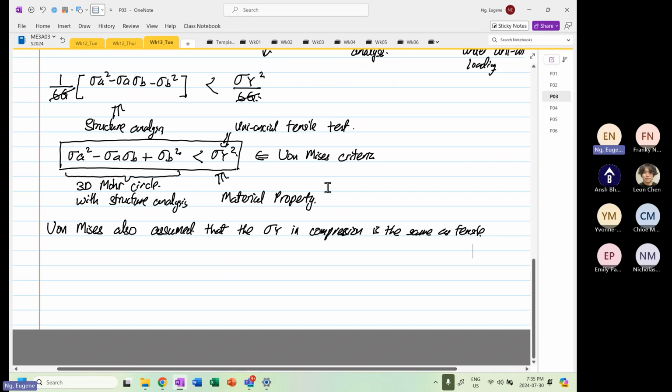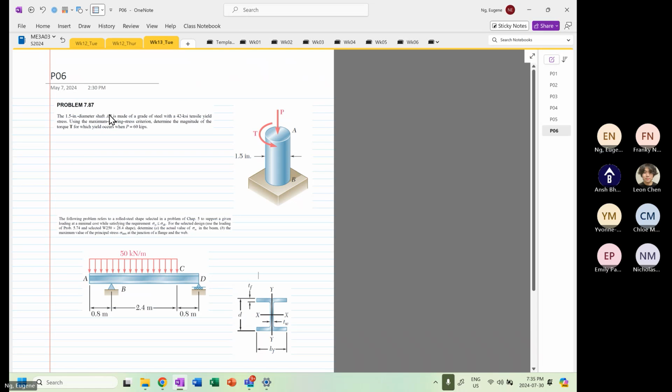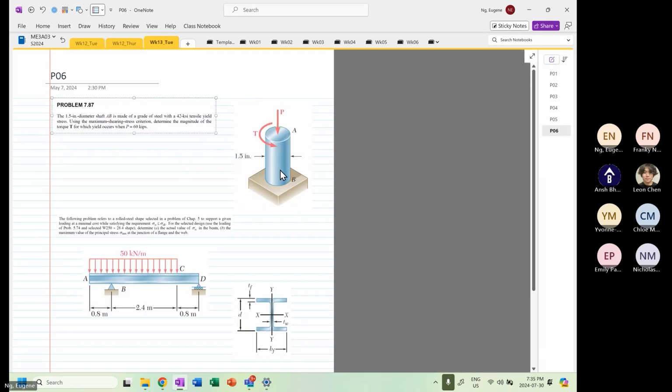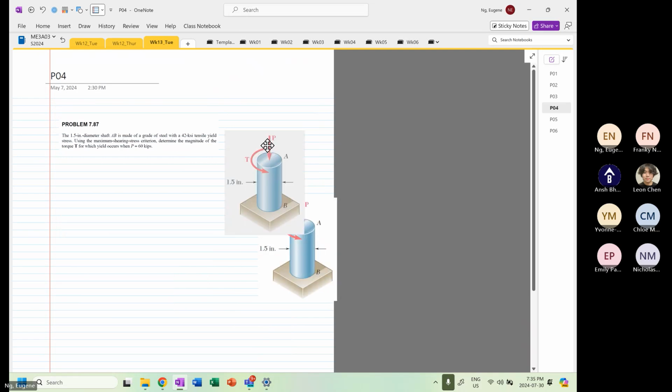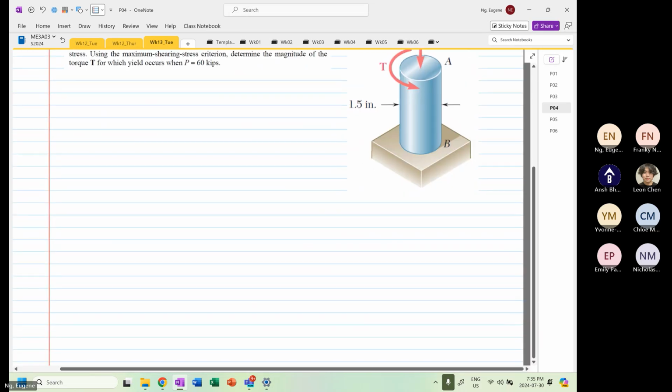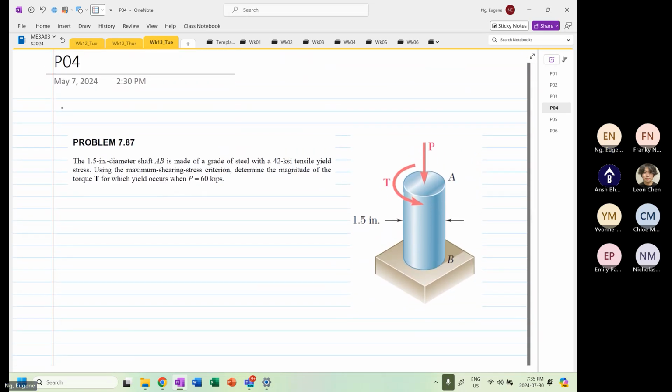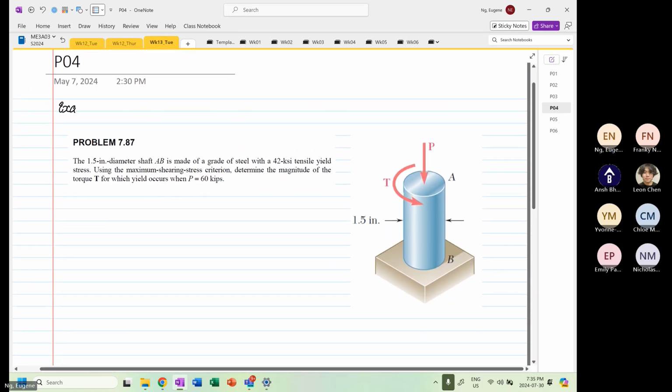So the example looks like this. This is our example number 1.